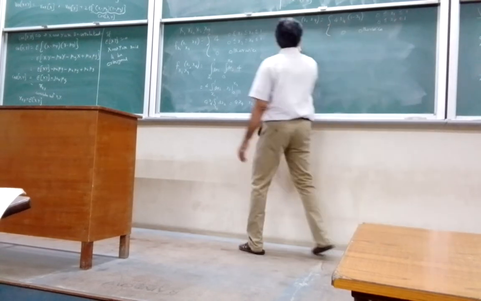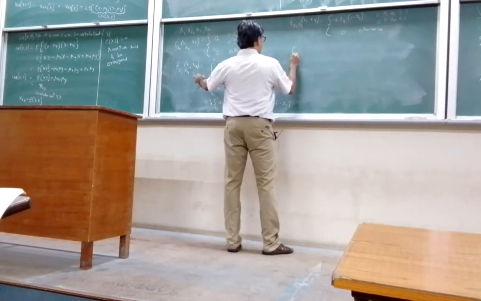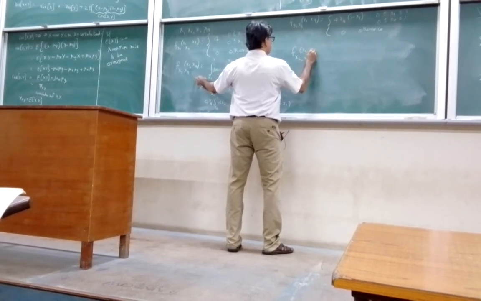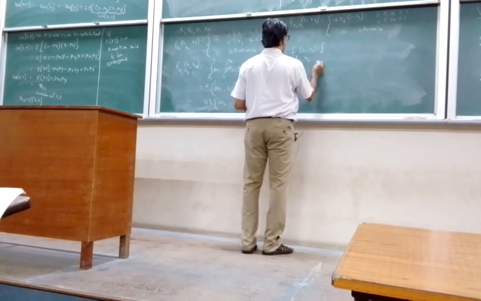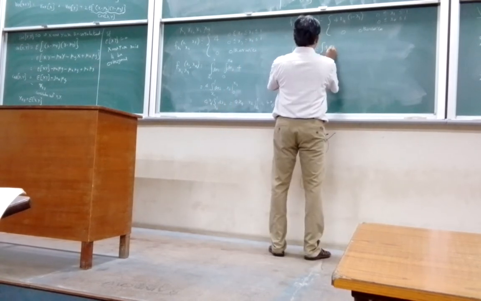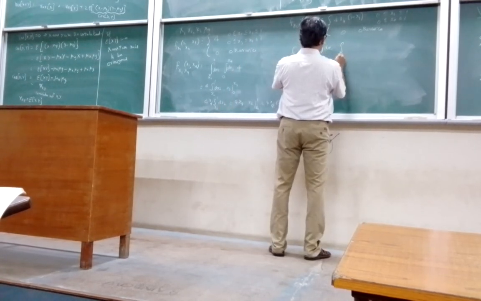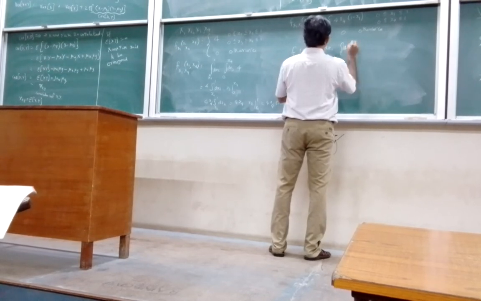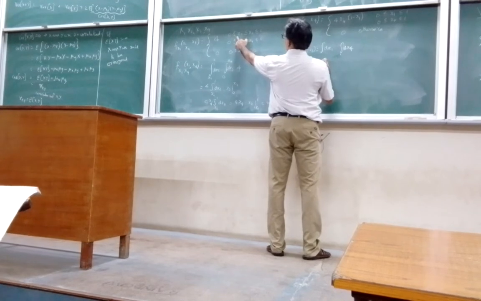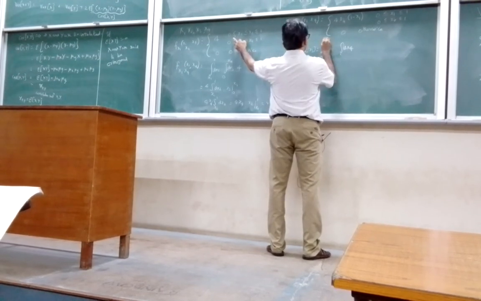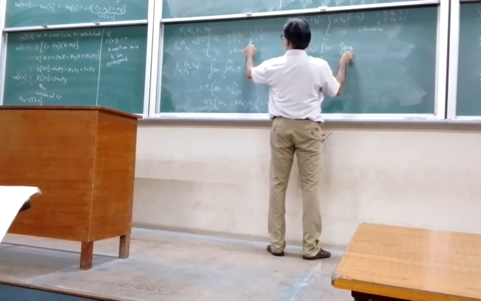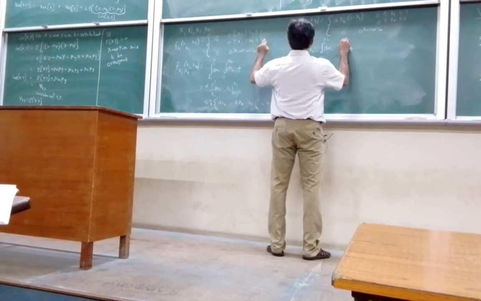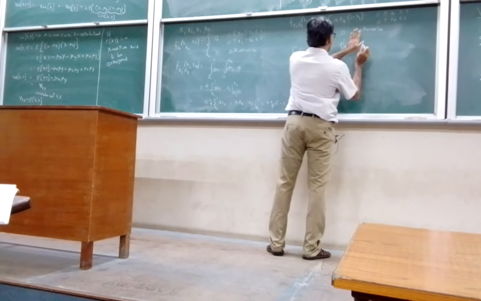In a similar manner, you can find the marginal of x2, x3. So I have to integrate out x1 and integrate out x4. x1, if I look at it, is 0 to x2, and x4 is x3 to 1, into 4.